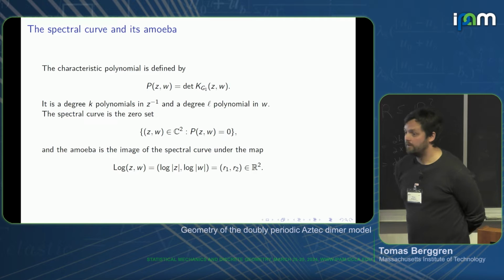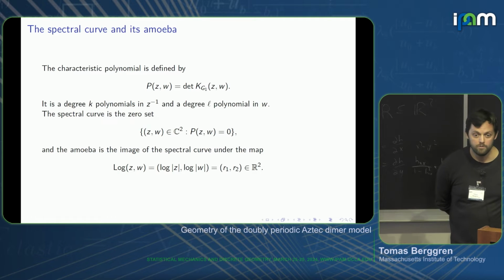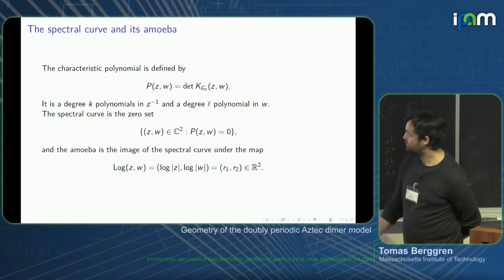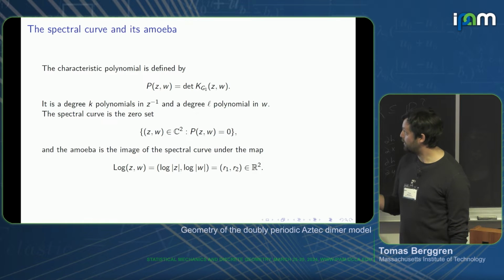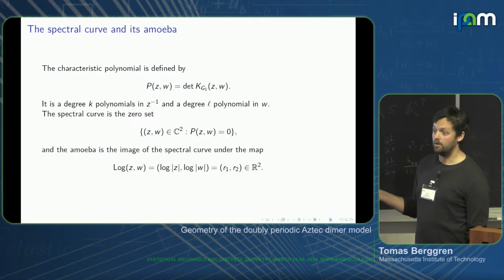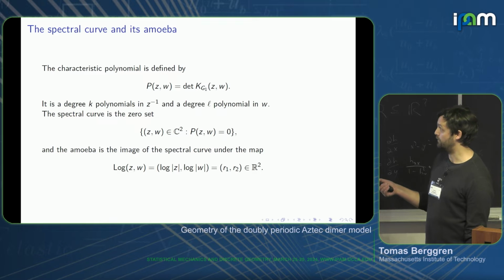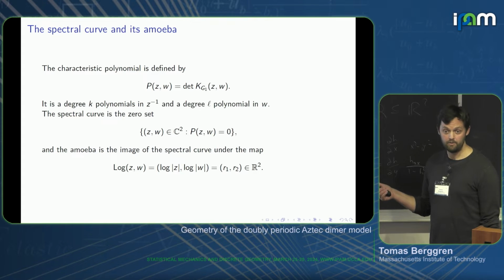And using that object, we define the characteristic polynomial, the spectral curve, and the amoeba in the following way. The characteristic polynomial is simply the determinant of this magnetically altered Kasteleyn matrix.